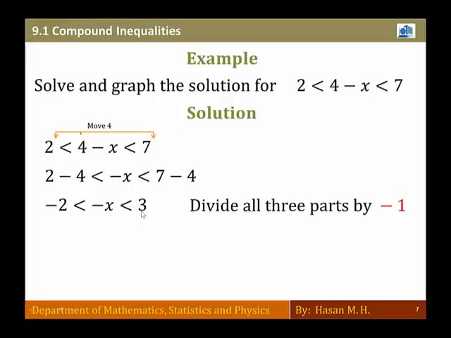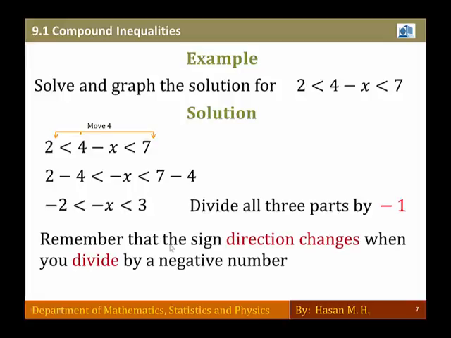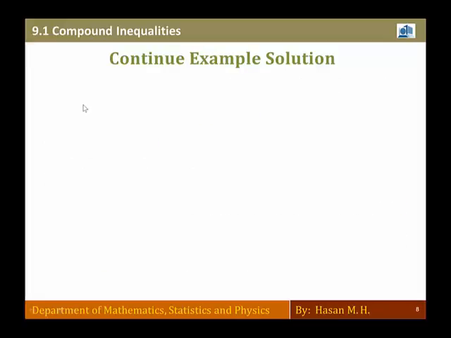Divide all three parts by -1. Remember that the sign direction changes when you divide by a negative number, which gives negative x over negative 1 less than negative 2 over negative 1 and greater than 3 over negative 1.